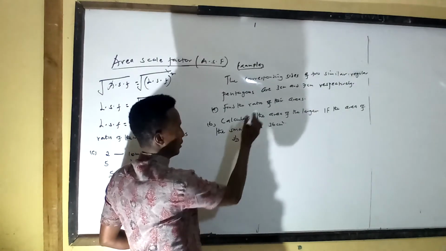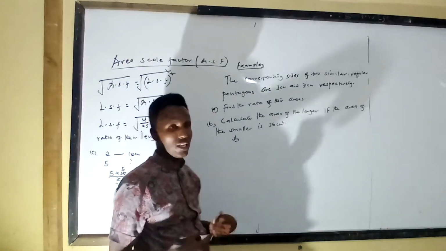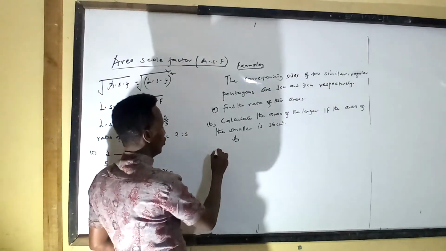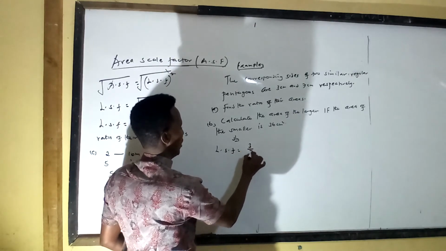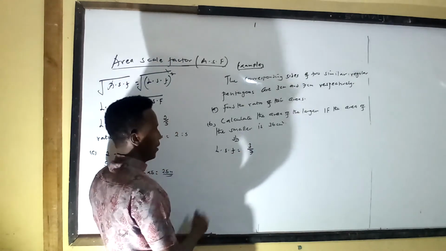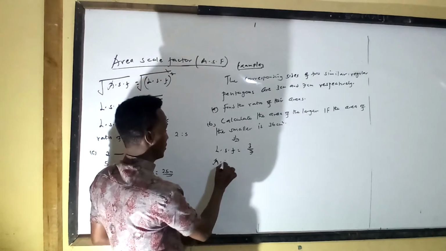Come to the solution part. Remember, these centimeters represent the linear scale factor. So we know that our linear scale factor is equal to 3 out of 7 in fraction form. Then you are told to find the ratio of the areas, so you get the area scale factor.